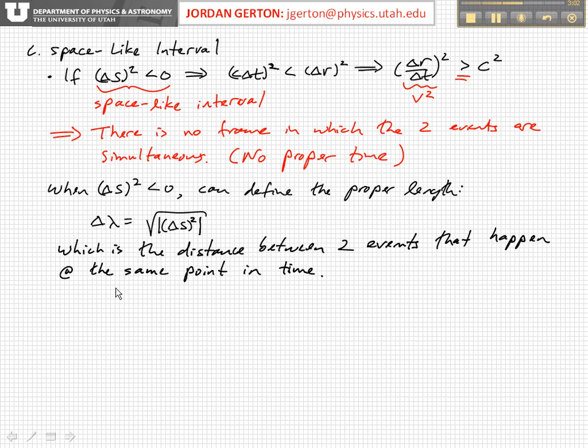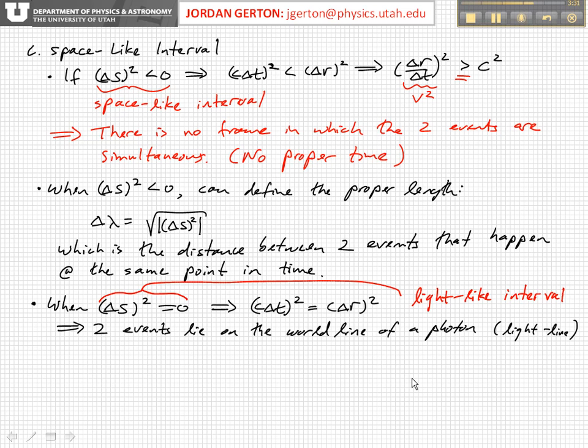And so again, even if they don't happen at the same point in time in a particular reference frame, if delta S squared is less than 0, you can always find a reference frame in which these two events do happen at the same point in time, and then the square root of the absolute value of delta S squared gives you that actual proper length.